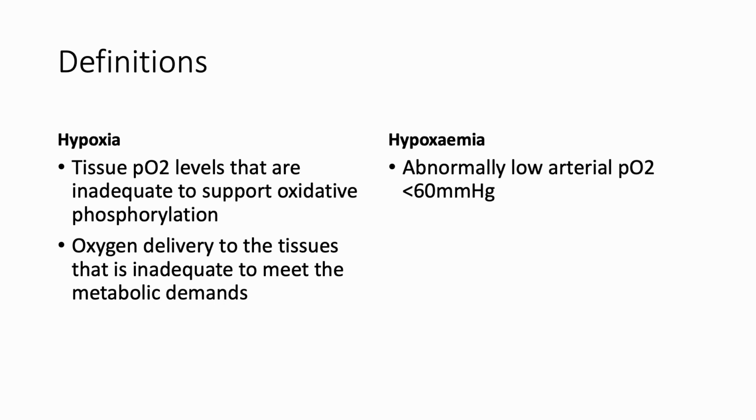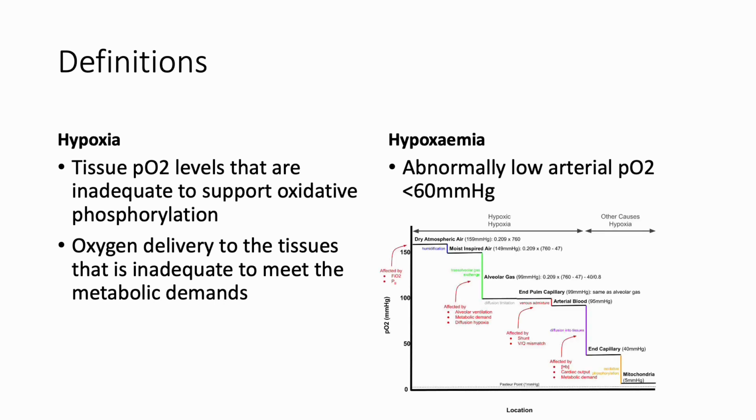And so this is illustrated on the oxygen cascade, where the causes of hypoxemia will cause a problem at one of the steps that leads up to the arterial blood, while the other causes of hypoxia will cause a problem at one of the later steps.